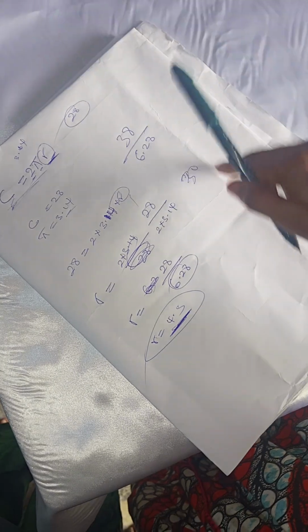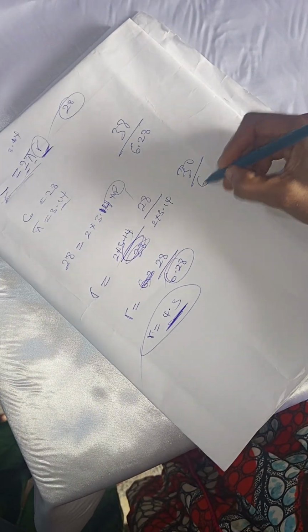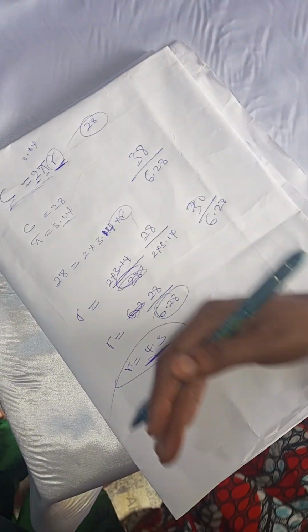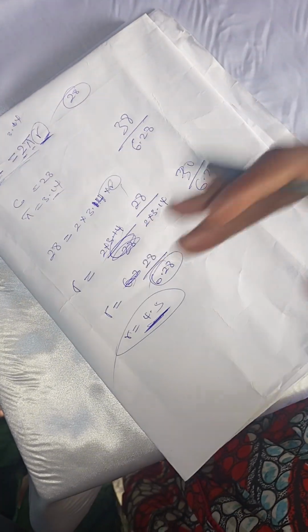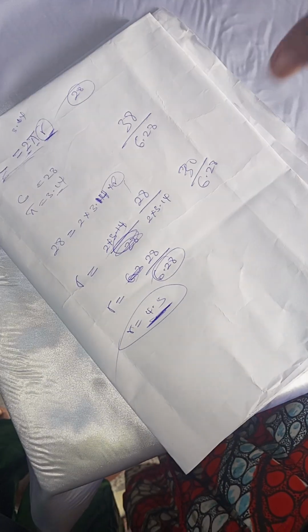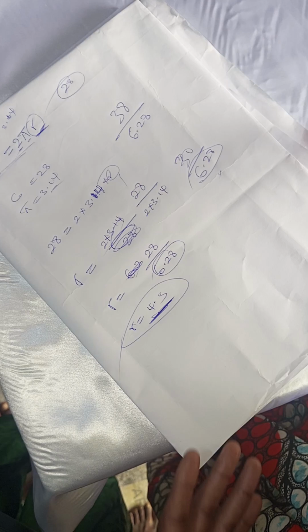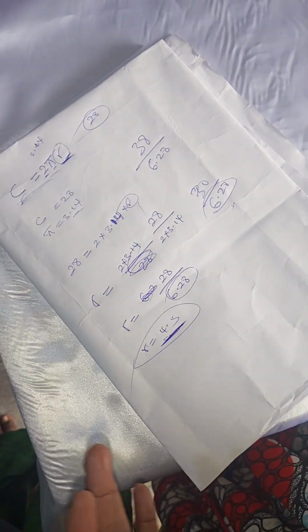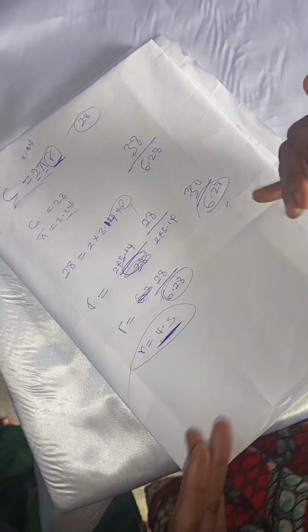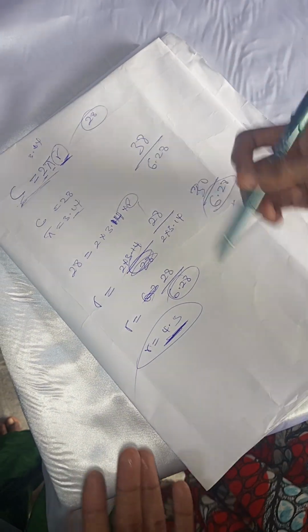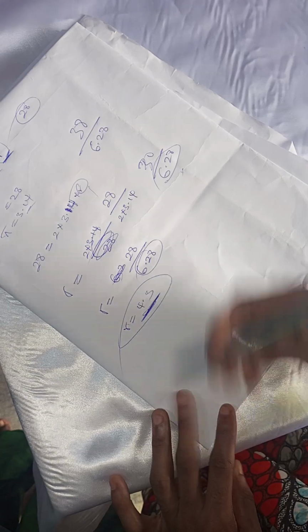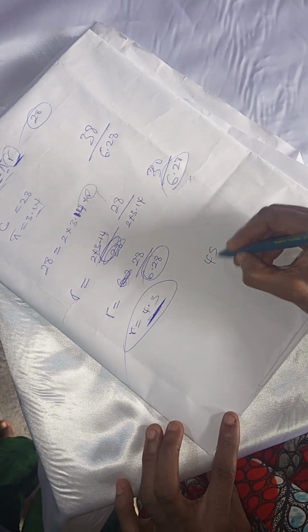For the customer you want to calculate flare for, just divide it by 6.28. I went through all these formulas so that you'll be able to note where we got this 6.28 from. You won't be asking why we have this 6.28. So whenever you are calculating a flare for a customer, to get your radius, just divide the waist by 6.28.